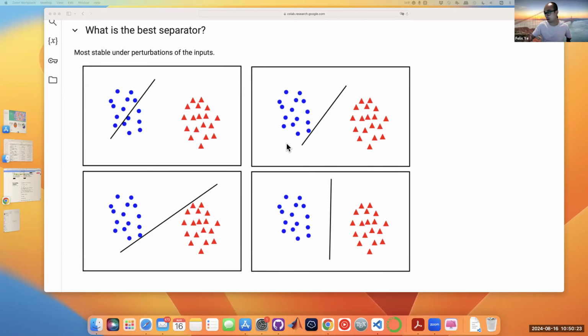So which one is better? This is the question: if we have multiple choices of decision boundaries, which one is better? One way to think about it is that I want to find the one that is most stable under perturbation of input.